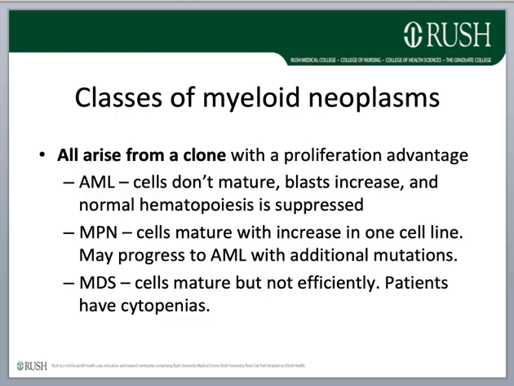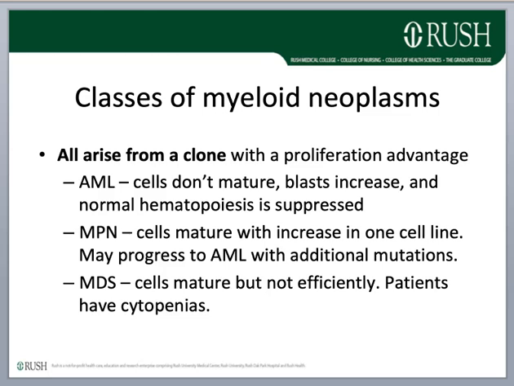Another fundamental thing to understand about the relationship between myeloid neoplasms is that all of these conditions arise from a single clone that attains a proliferative advantage. Now, the differences are that in AML, the cells don't mature. The blasts just proliferate and increase to the point that they completely occupy the marrow, and normal hematopoiesis is suppressed.